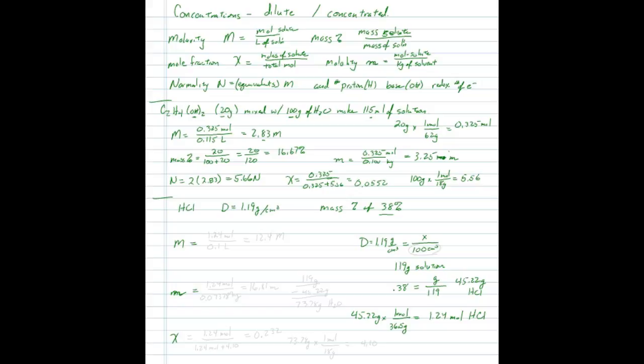All three of these require moles of the solute on top, 1.24 moles, 1.24 moles, 1.24 moles. The volume for the molarity, the volume of the solution we assumed was 100 cubic centimeters, so that would be 0.1 liters. Do the math and you get 12.4 molar hydrochloric acid.